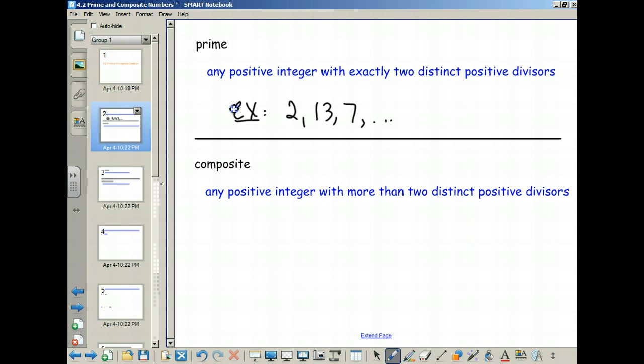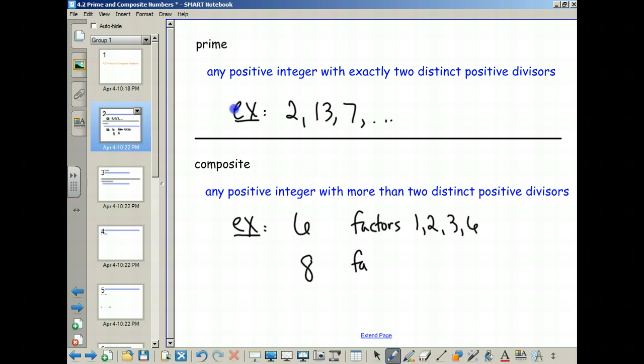Give me an example. 6. So let's just do 6 for a moment, and we'll do 8 in a sec. What are the factors of 6? 1, 2, 3, 6. So this one actually has 4 factors, and 4 is more than 2. Let's do 8.